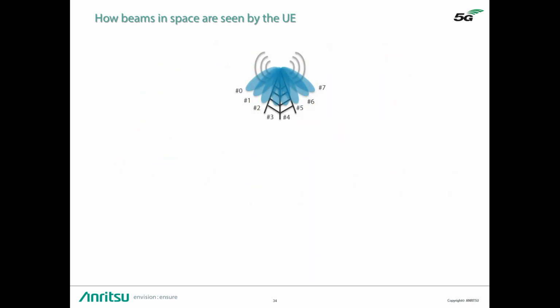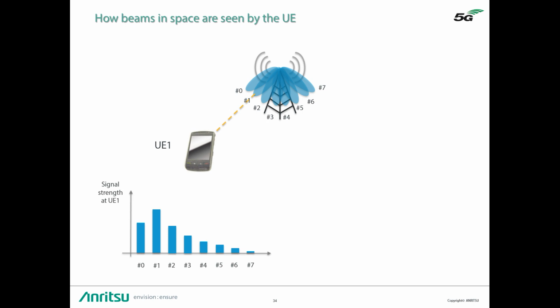We now know that each SSB is identified by a unique number called SSB Index. Each SSB is transmitted via a specific beam radiated in a certain direction. Multiple UEs are located at various places around a gNodeB. The UE measures the signal strength of each SSB it detects for a certain period, which is called the SSB set.